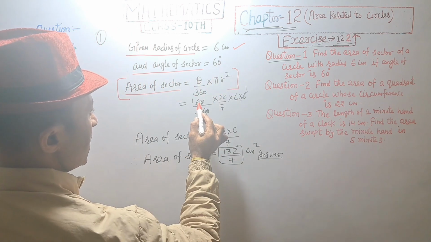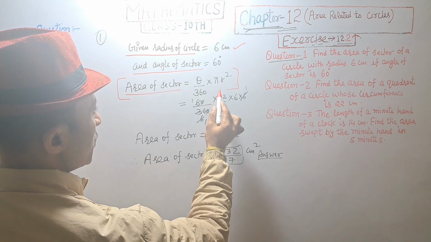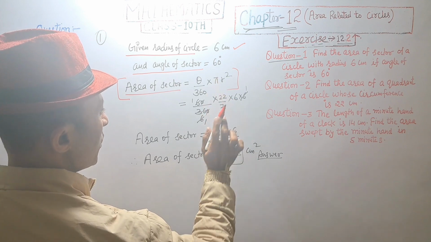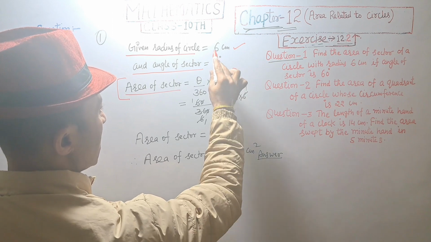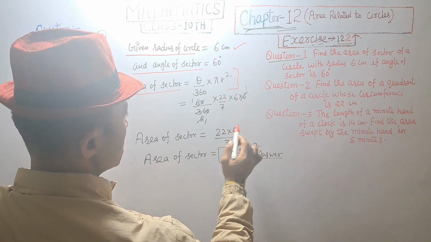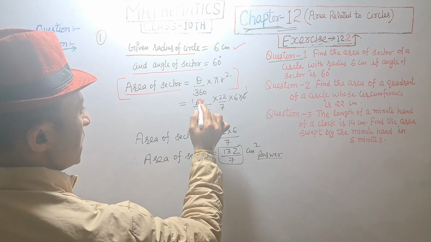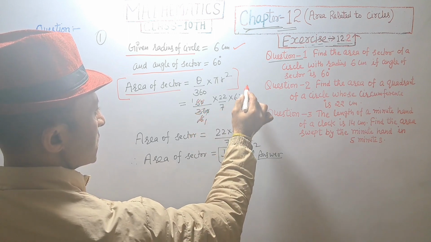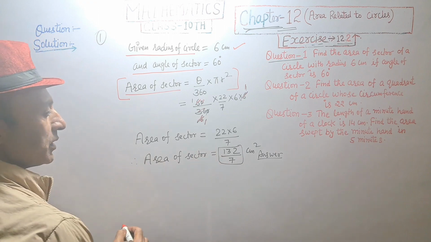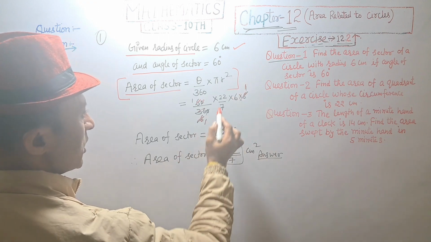Theta is 60 degree divided by 360 into pi 22 upon 7 multiplied by r square. R is 6 into 6. 0 0 is cancelled and 6 6 are 36. 6 1s are 6 and 6 1s are 6.